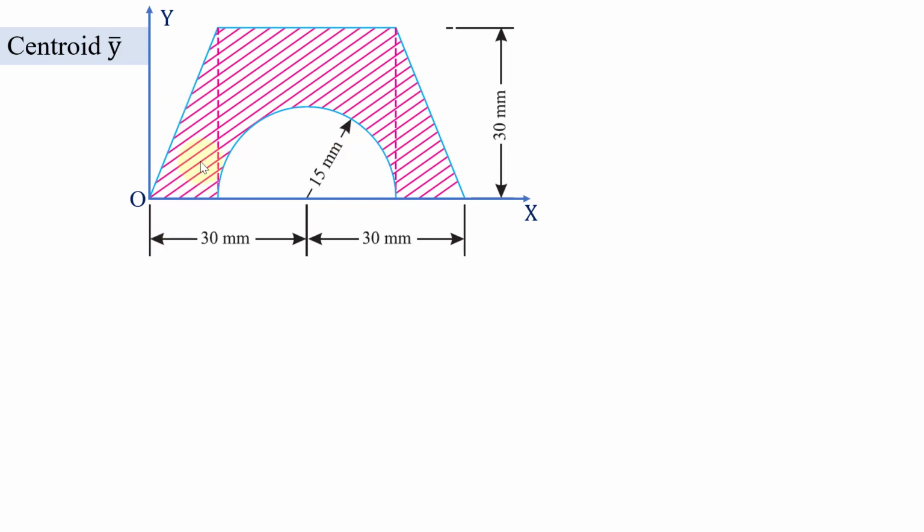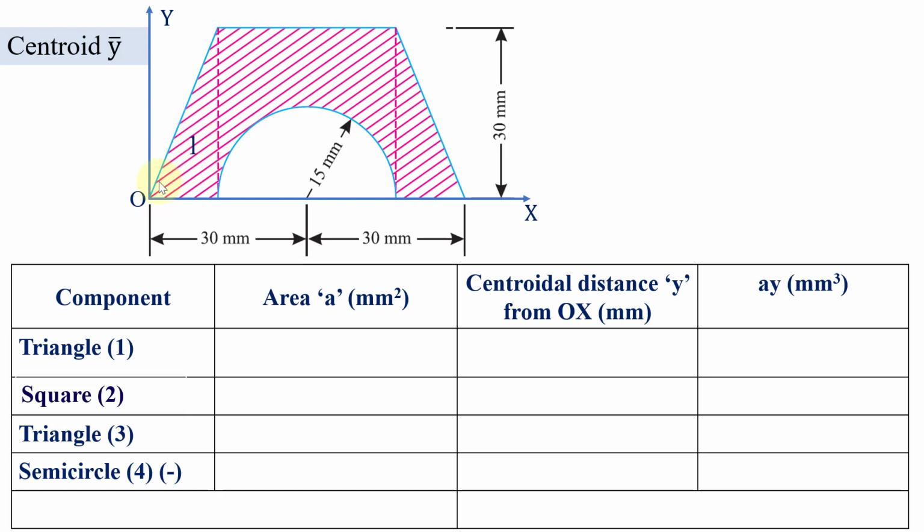The first thing is we are going to consider this element as number 1 because it represents a triangle. Then we consider this entire square, named as 2. The third one is this part, which represents a right angle triangle. And then a semicircular area has to be removed from the entire area.